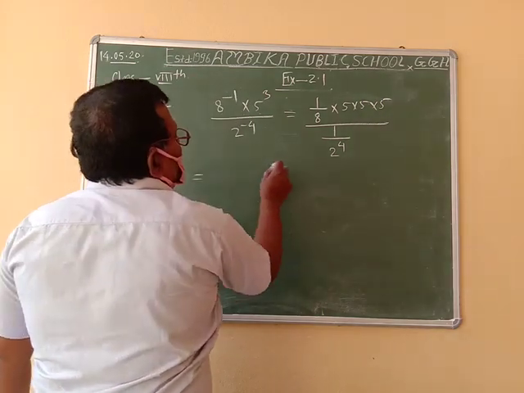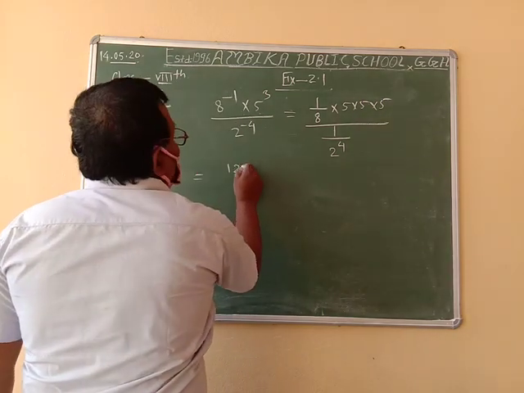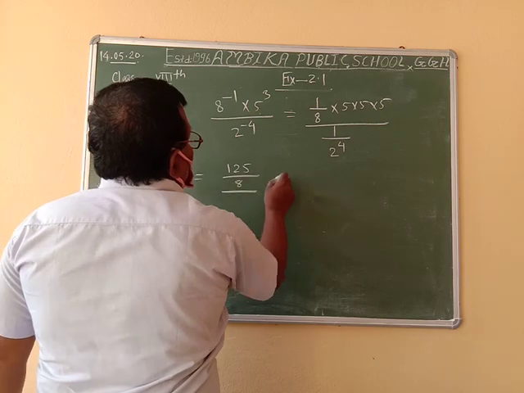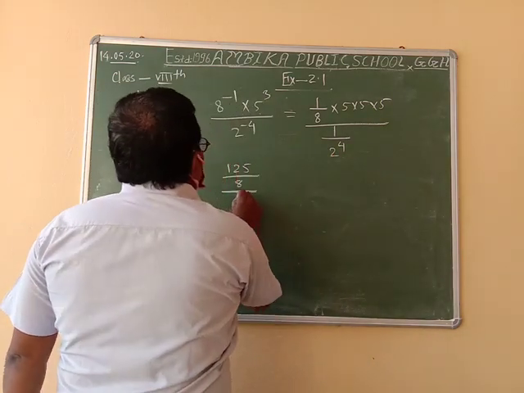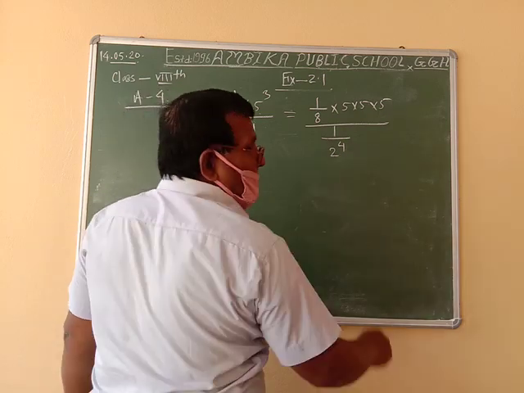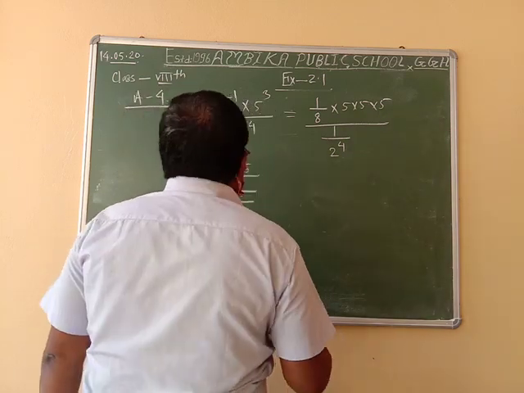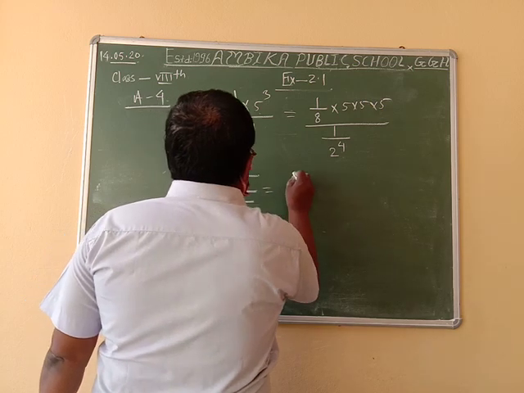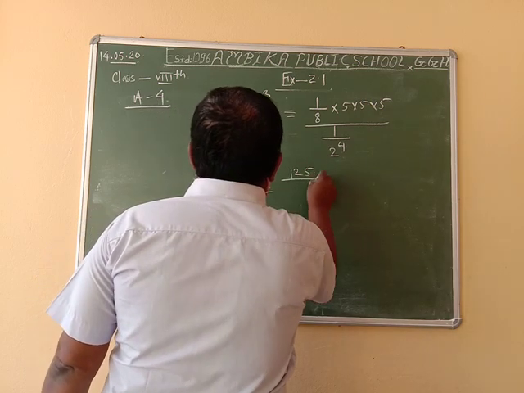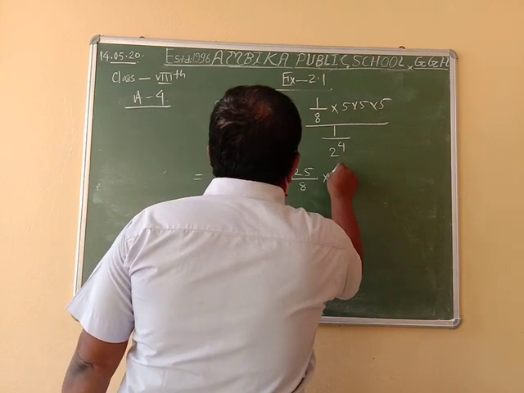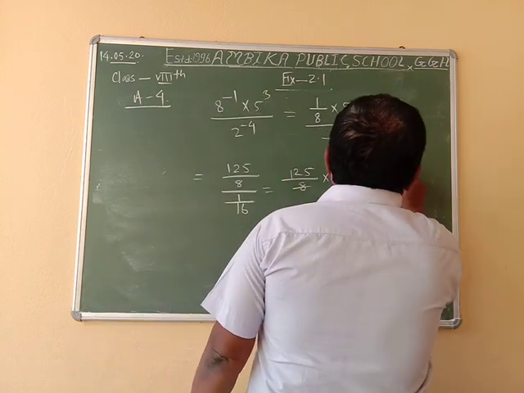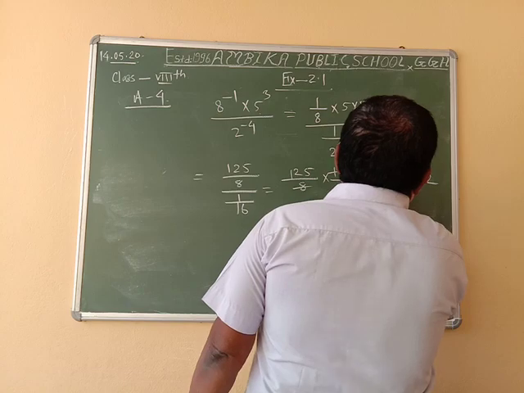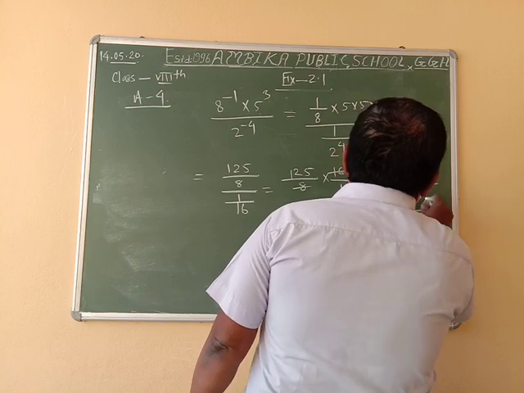is equal to 125 by 8 by 1 by 2 to the power 4, which is equal to 16, is equal to 125 by 8 into 16 by 1, which is equal to 250.